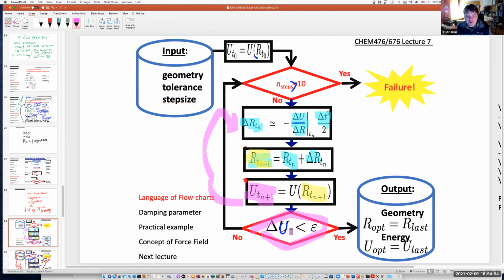We will stop this procedure if the subtraction of the potential energy surface at step n+1 and potential energy surface at step n, which we define as delta U, becomes smaller than a predefined tolerance limit.